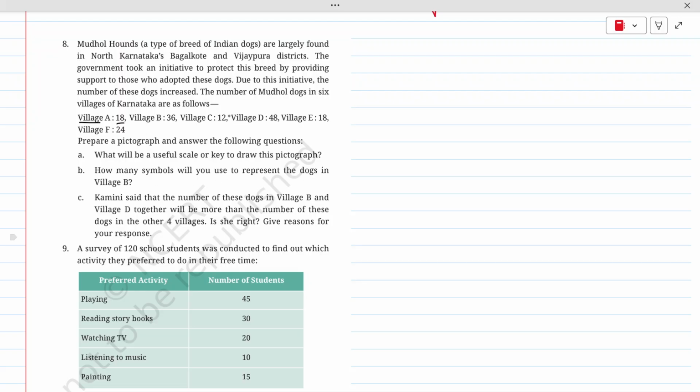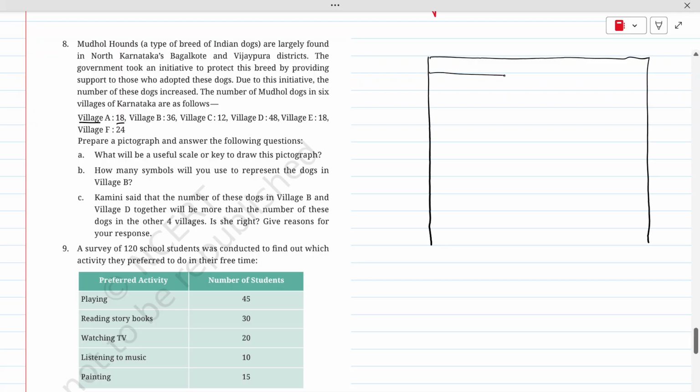So first thing, kids, we have to prepare a pictograph here. In a pictograph, we have to mark the axes first. Let's mark the columns. The first column is the village name, I'm just writing villages, and the second will show us the number of dogs, right?